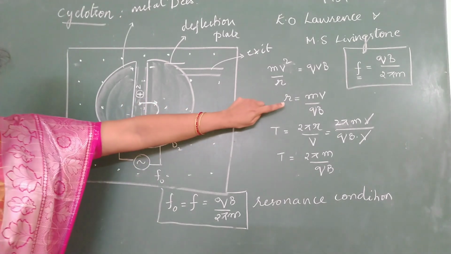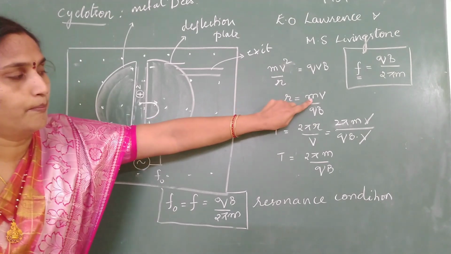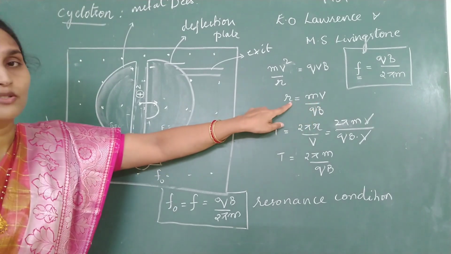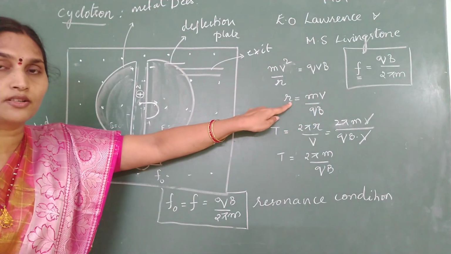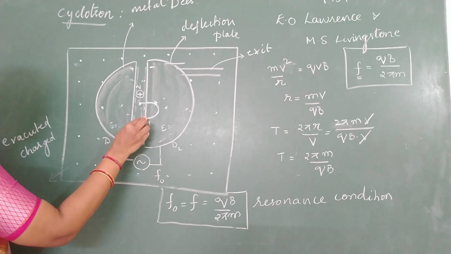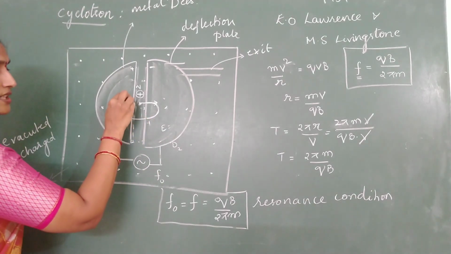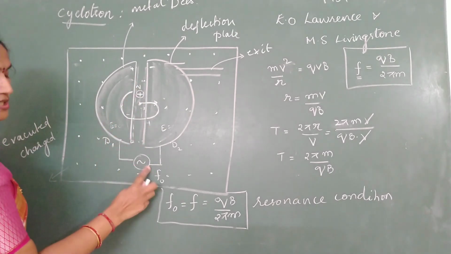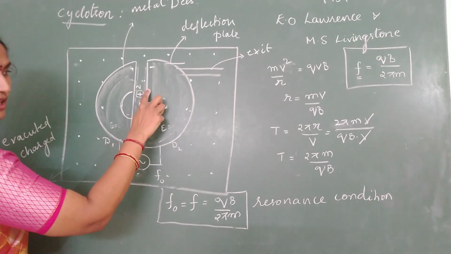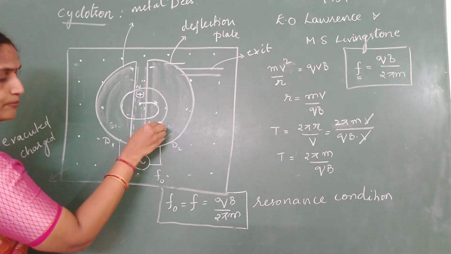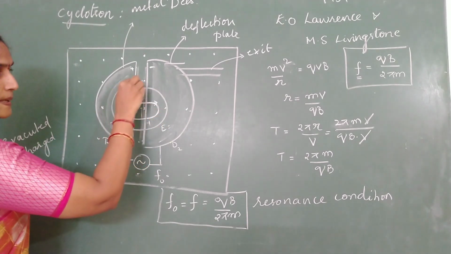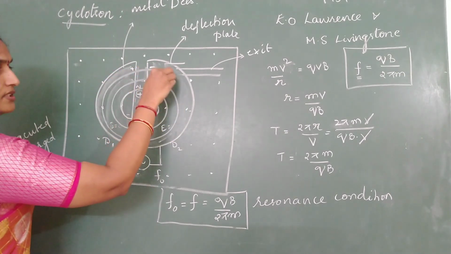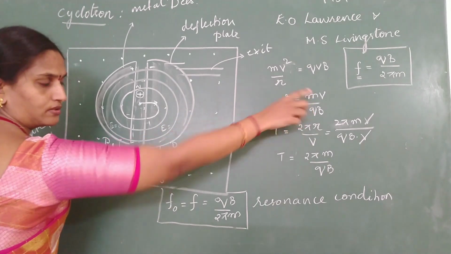When speed increases, according to this relation, with mass, magnetic field and q constant, if v increases, the radius of the circular path also increases. Now it starts moving with a little larger radius. And again by the time it completes a semicircle, the oscillator has turned. Speed is again increasing. So what will happen to the charged particle inside the Ds? It will start spiraling. As the radius increases, speed is also increasing.